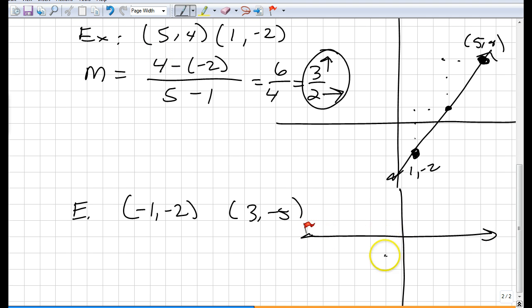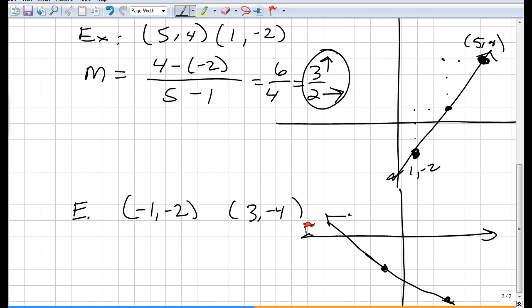Okay, so negative 1, negative 2 is right here, and 3, negative 5. I still didn't leave enough room. Well, let's change this to 3, negative 4. Okay, so we have this line.